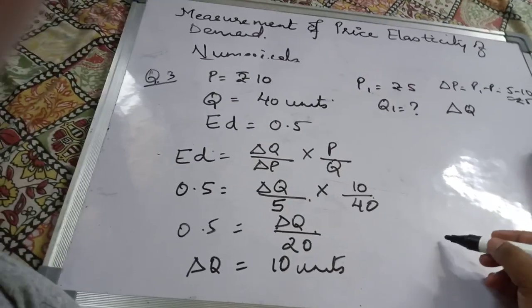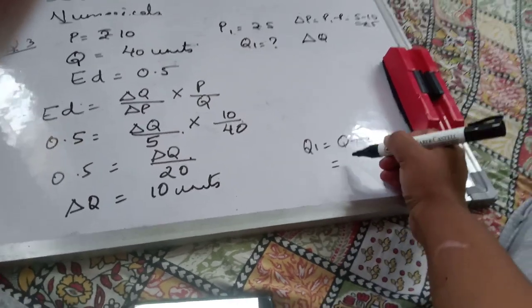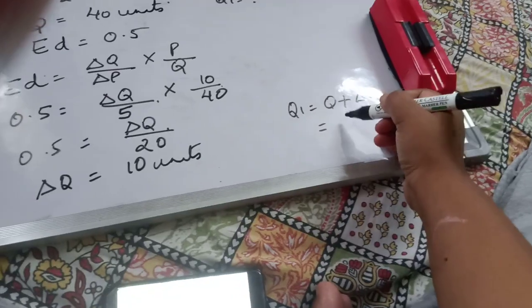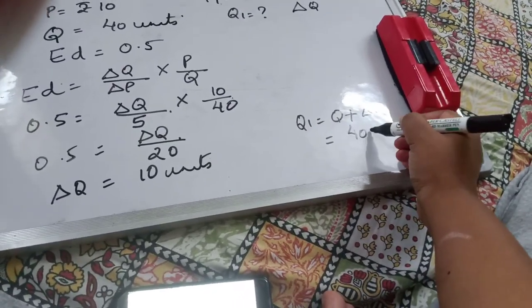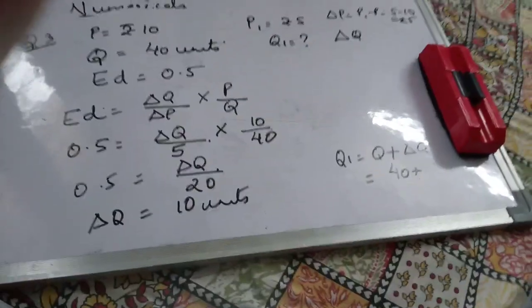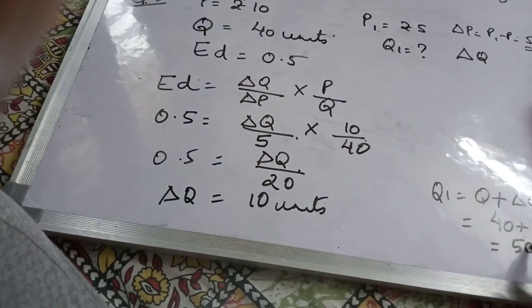If you remember, price is falling, so Q1 is equal to Q plus delta Q. Q was 40, delta Q you've just calculated, plus. Why plus? Because price fell. 40 plus 10, which is equal to 50 units.